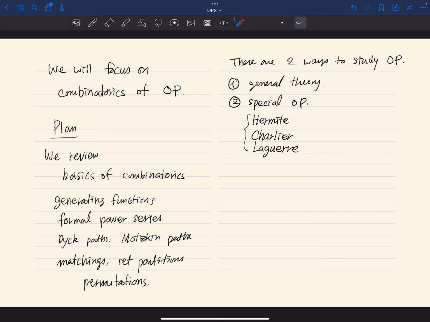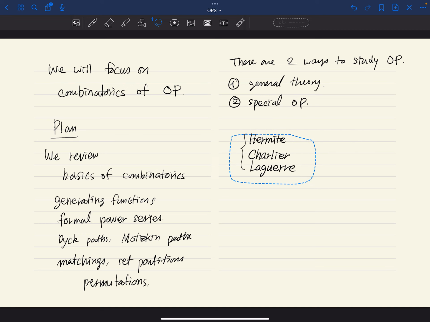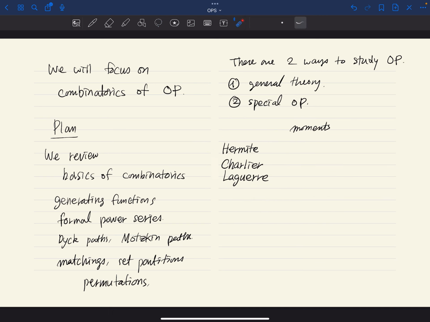For example, what's nice about them is that for Hermite, we have moments. By moments of orthogonal polynomials, I mean that when we have orthogonal polynomials, there will be a linear functional, which is determined uniquely if you set L of 1 equals 1. So we can talk about the moments, L of 1, L of x to the n.